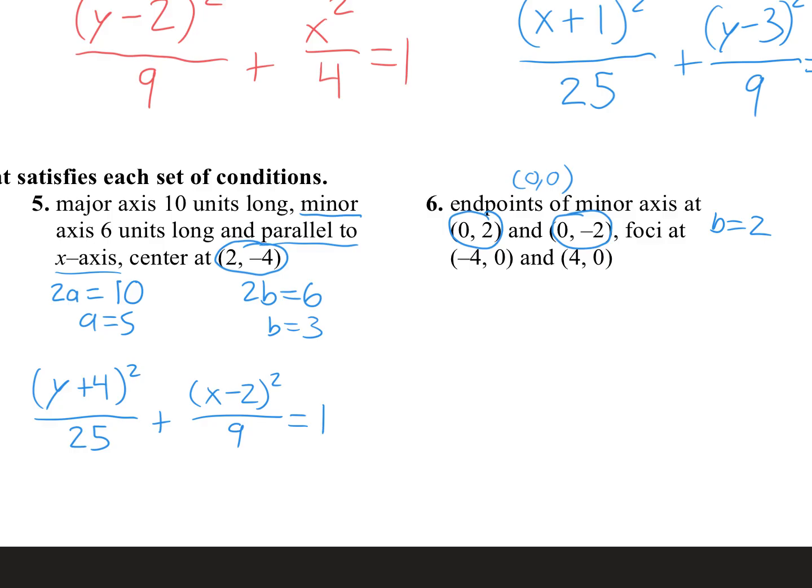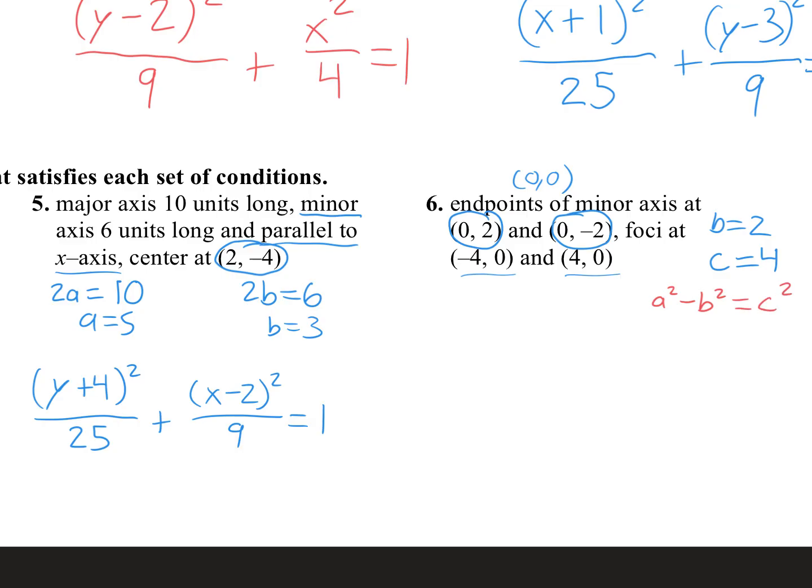And then what we haven't used yet is from center to foci, that is c. So from 0, 0 to either of these, that's a distance of 4. The way a, b, and c are related to each other is similar to the Pythagorean theorem, but instead of a squared plus b squared, it's a squared minus b squared equals c squared.